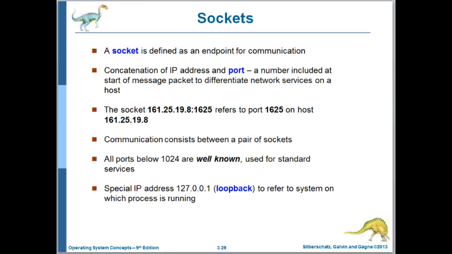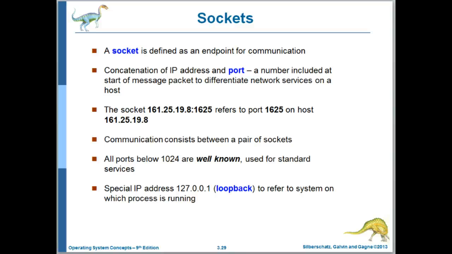So in TCP, which is a bidirectional network communication protocol, a TCP connection is defined by two sockets. As you can see here, a socket is defined as an ordered pair, an IP address and a port.